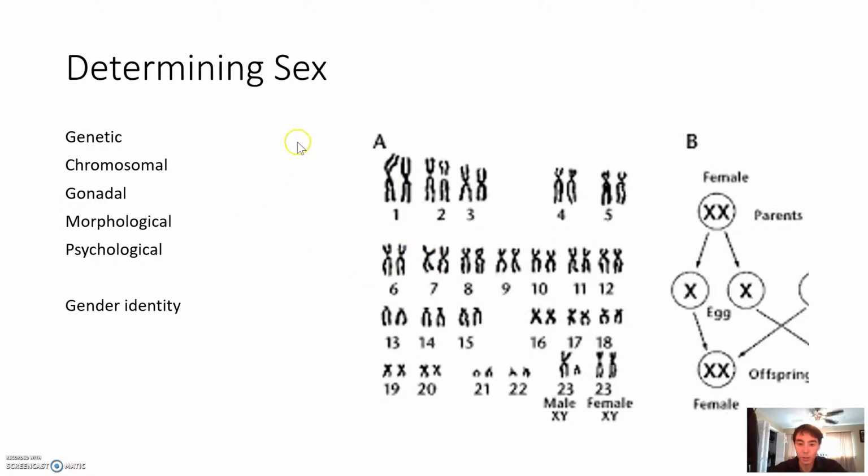Also separately, it's been gaining ground for people to be able to choose their sex when they're old enough to do so, and what a person considers him or herself to be is called their gender identity.